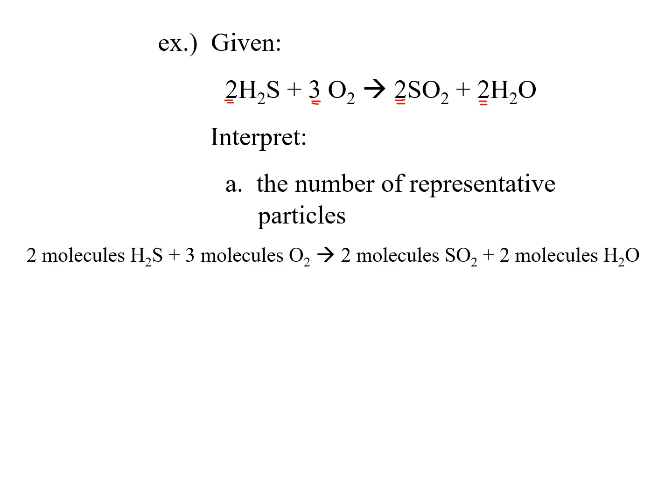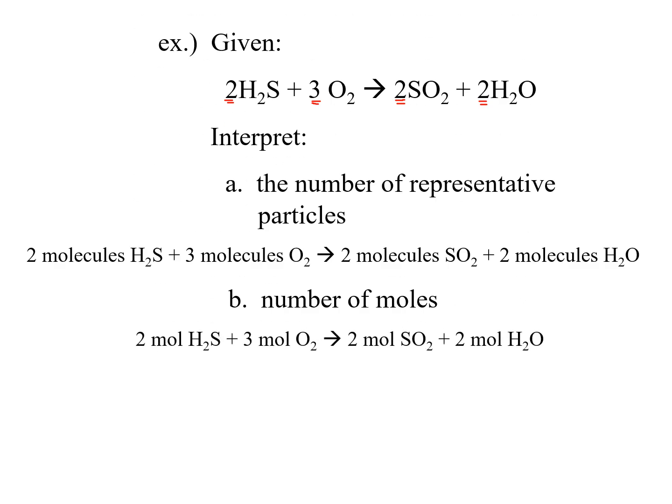Again, is that really useful to us in real life? No, although technically that is one way that you could interpret that. What's much more useful is to interpret this in terms of the number of moles. Remember, those numbers out in front, the coefficients, can stand for the number of moles.